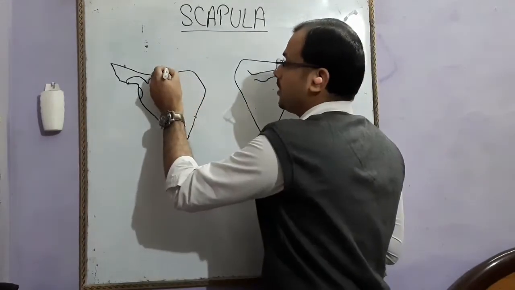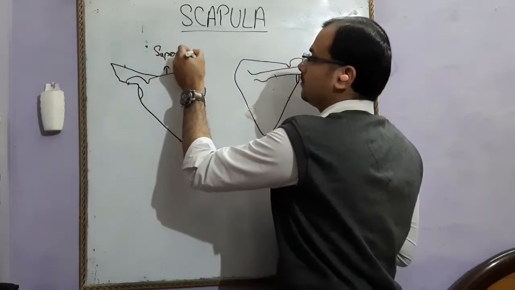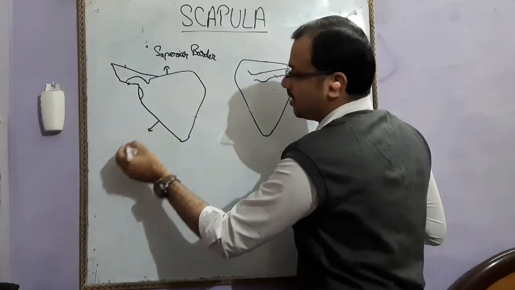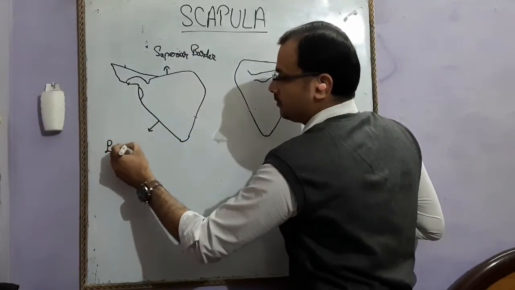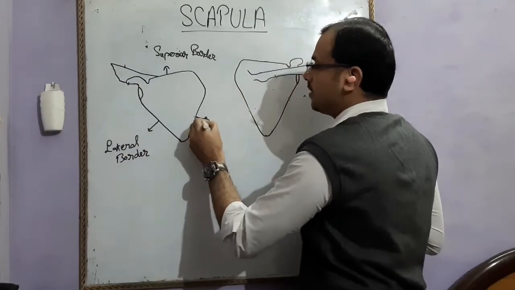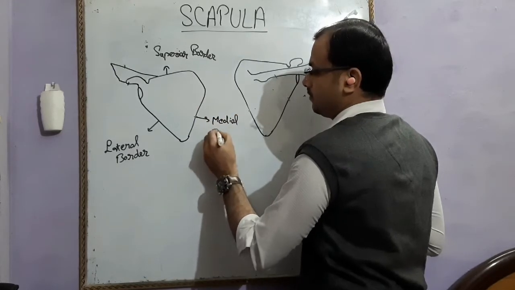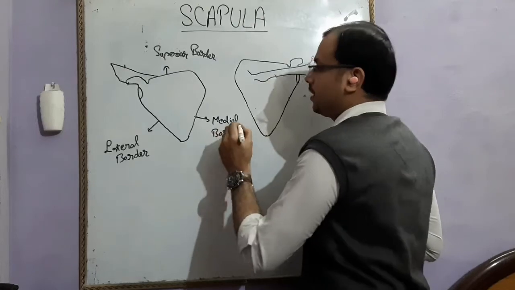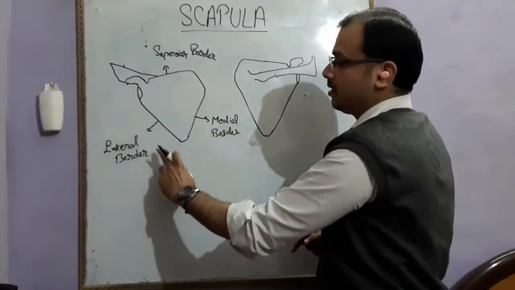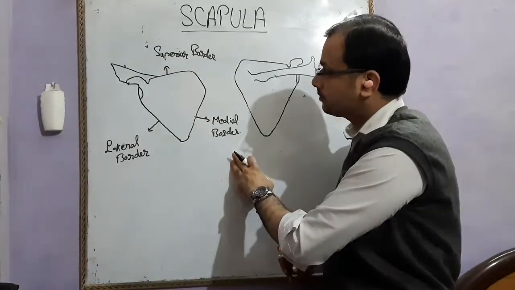This is the superior border, this is the lateral border, and this one is the medial border. So the body of the scapula has three borders: superior border, lateral border, and medial border.